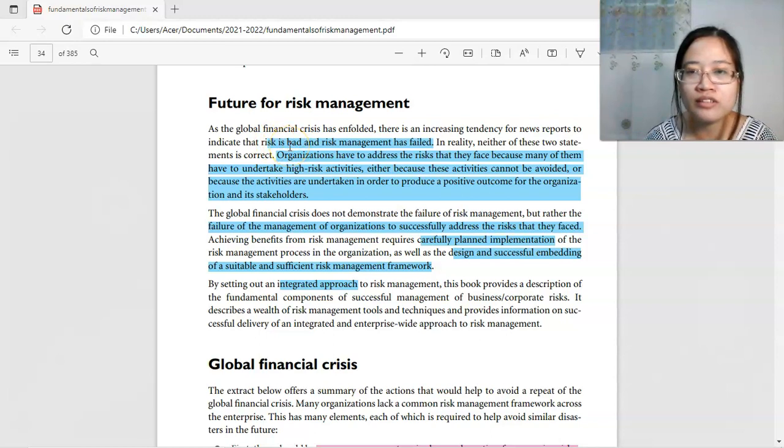So, andito yung acknowledgement na risk is bad and risk management has failed. Okay, this is during the global financial crisis. Actually, nag-start siya, I think, is during the 2002 financial crisis. This one is about Enron.